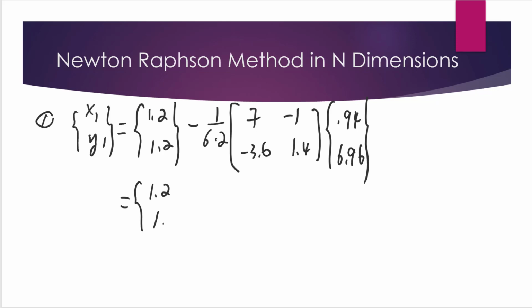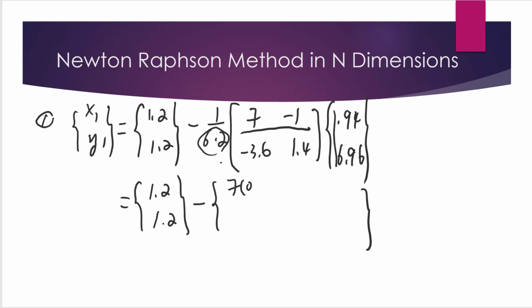Okay, so you need to evaluate. This is 1.2 minus, and this value is, so let's assume this is equal to a 2x1 vector. So the first element, the denominator is still this one, and it is equal to this one times this vector, right? So it's 7 times 0.94 minus 1 times 6.96 and divided by 6.2, right?